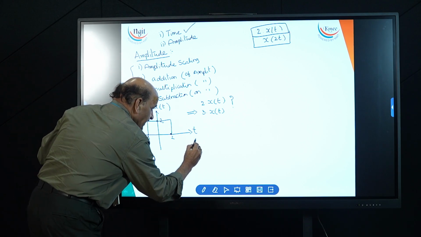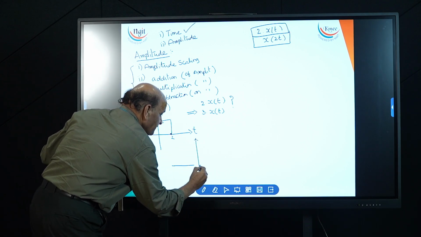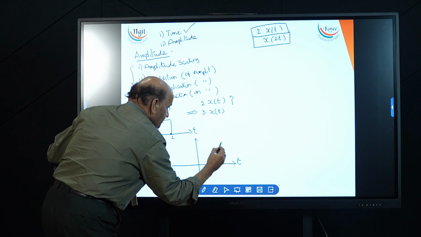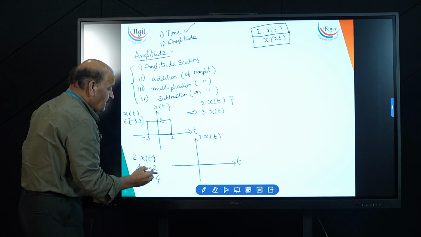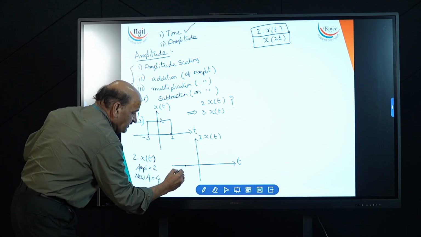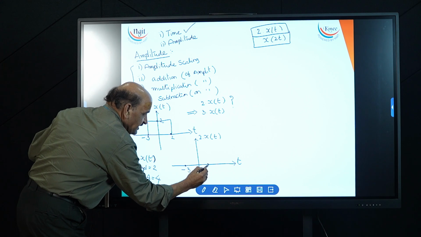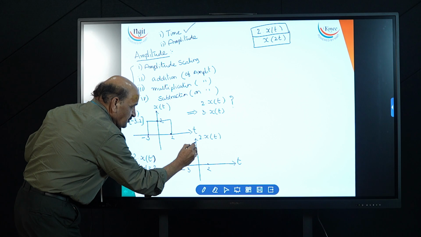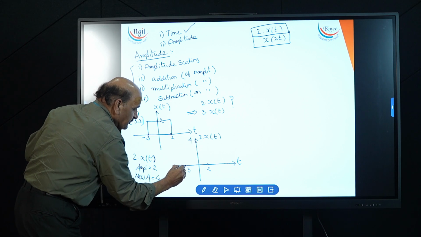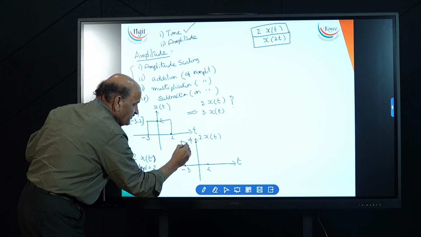So the graph will be like this. This is 2 times x of t. The width is from -3 to 2. In the previous case the amplitude is 2, but now the amplitude is 4. So the sketch will be like this.